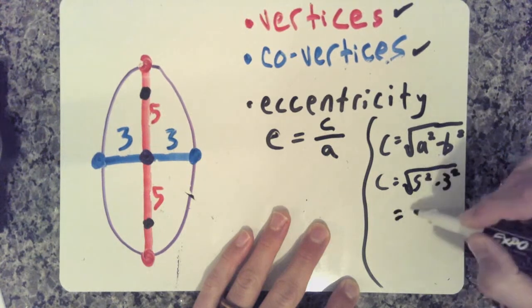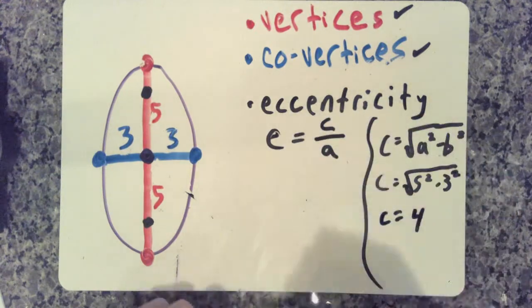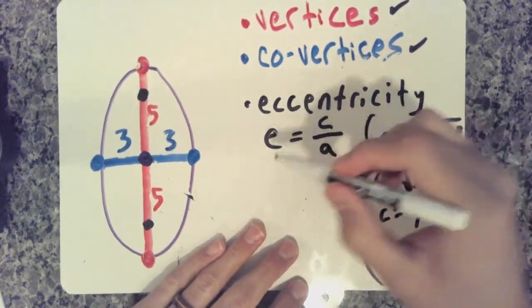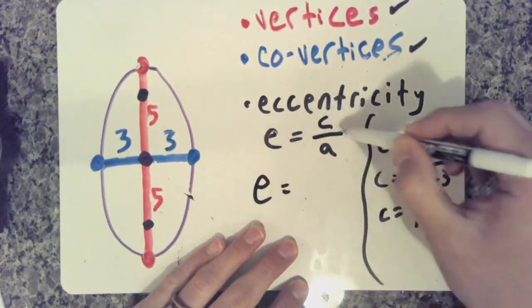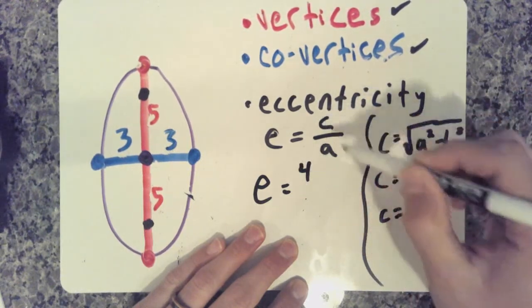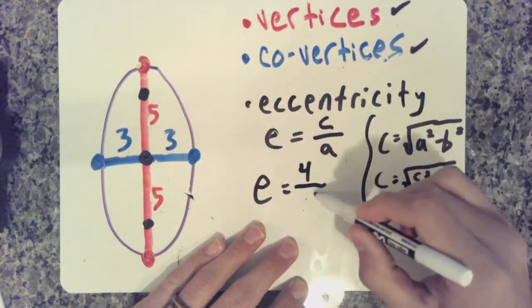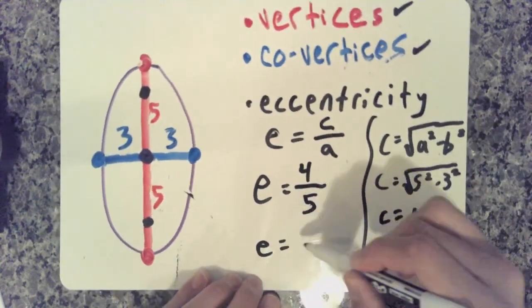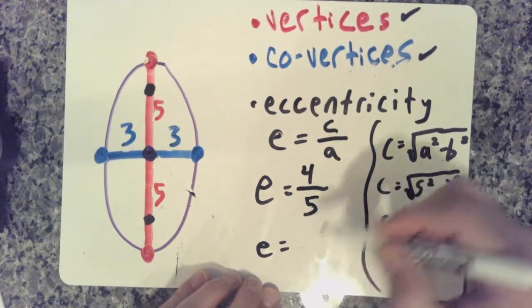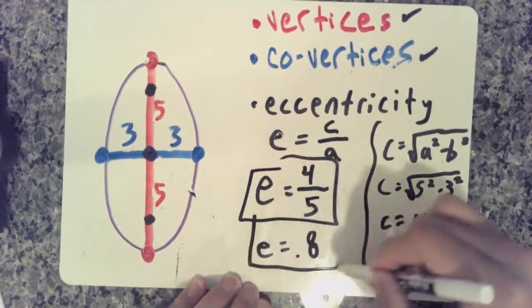You should pretty quickly see that that's 4, so your C value is 4. To find the eccentricity, E is equal to 4 over A, which we already knew was 5. So the eccentricity here would be 4/5, or if you wanted, you could convert it to a decimal of 0.8.